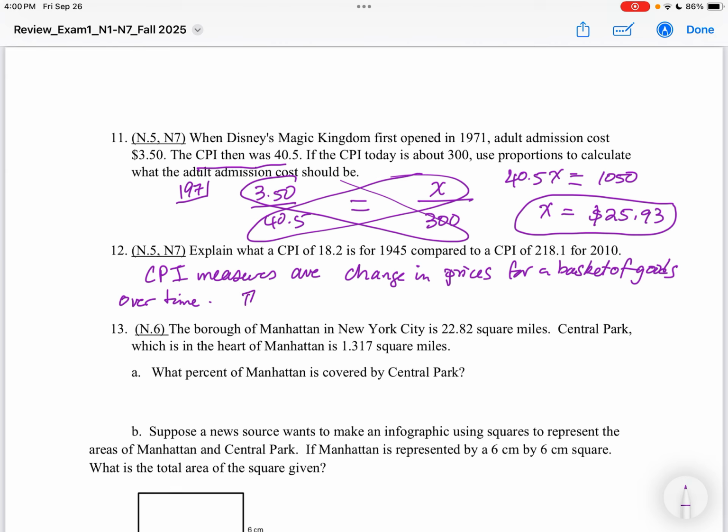And when it says to compare, the CPI in 2010 was much higher than in 1945 due to inflation and the value of the dollar.